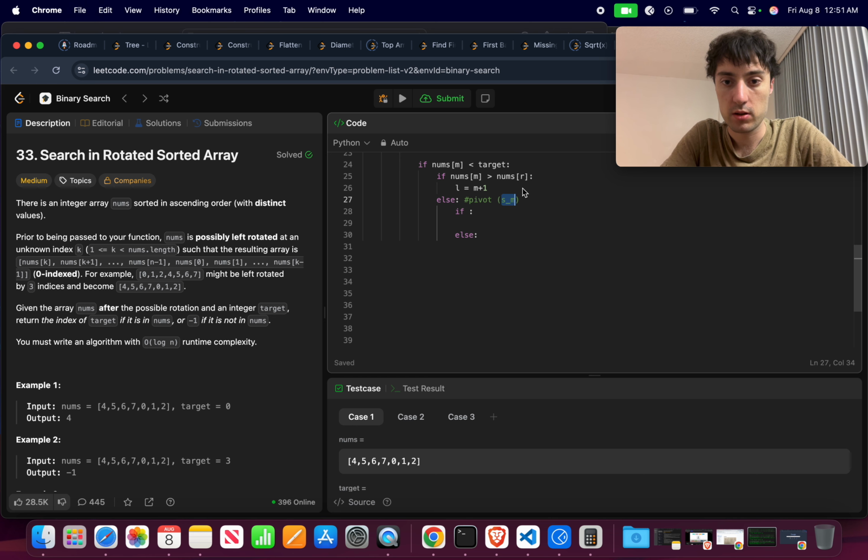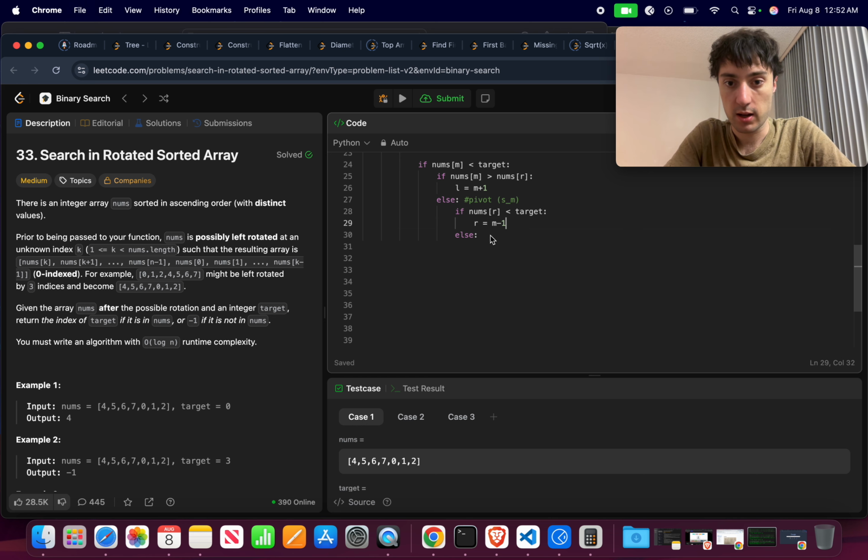Okay, so if my end is also too small, then I want the first part. So if nums of right is smaller than target, if that's the case, I need to throw away that part, left equals mid plus 1.